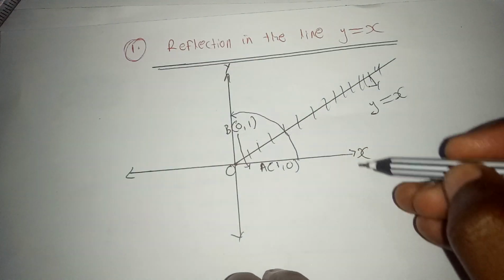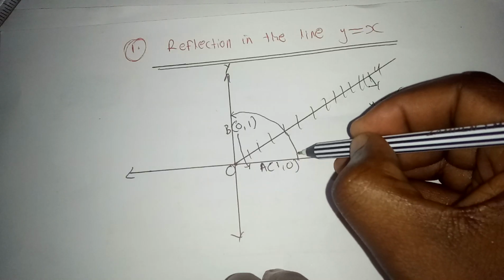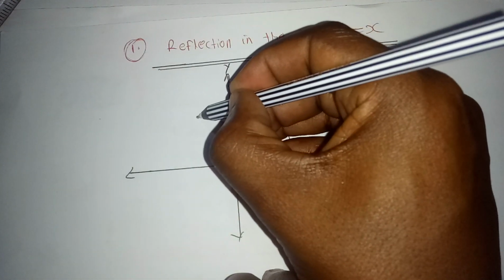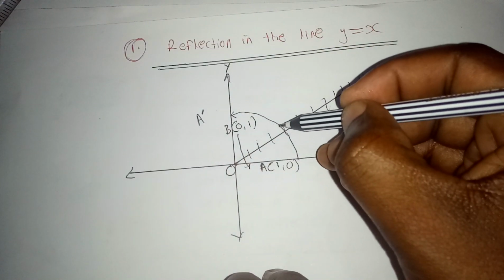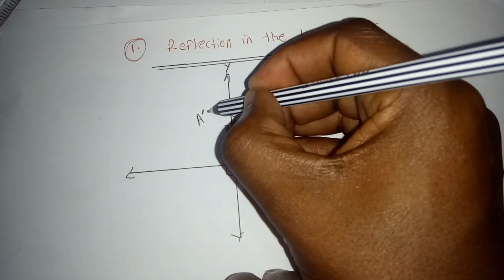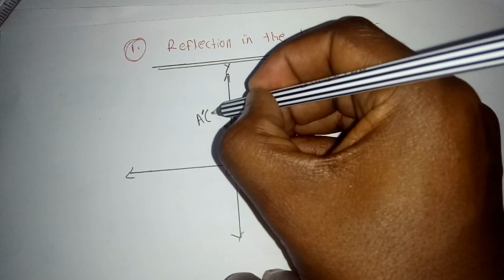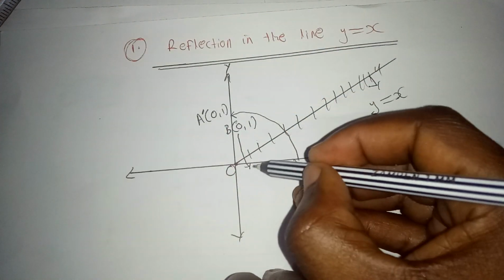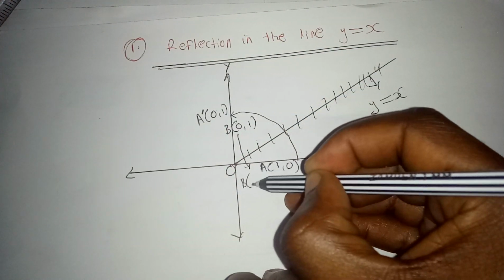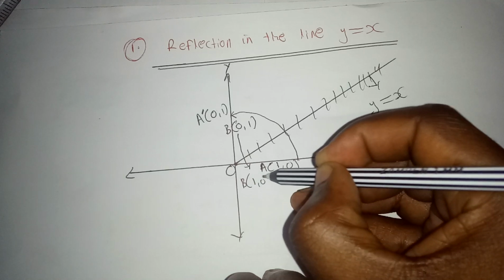To avoid confusion, I'll write A with a dash, called A prime, meaning that the image of A here will be (0, 1). Then the image of B will be (1, 0).